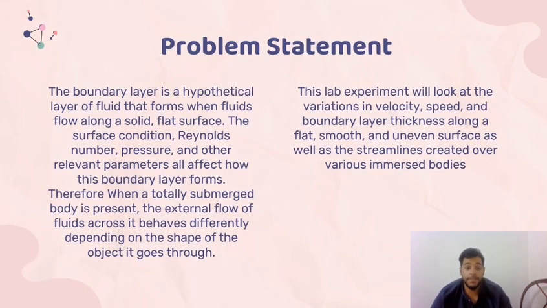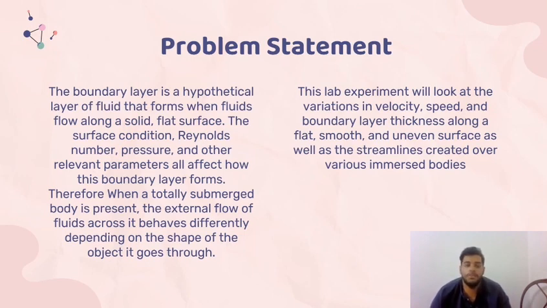Moving on to the problem statement. The boundary layer, as you are aware, is a hypothetical layer of fluid that forms when a fluid flows along solid flat surfaces. The surface condition, Reynolds number, pressure, and other relevant parameters all affect how the boundary layer forms.